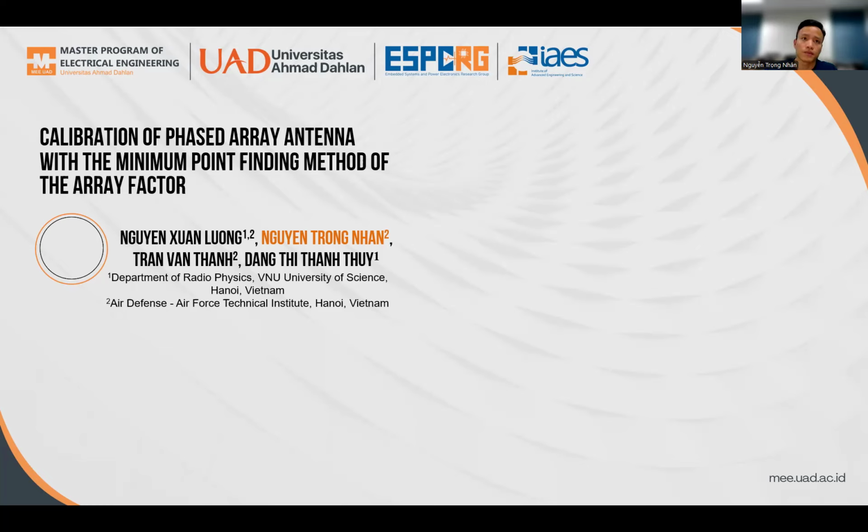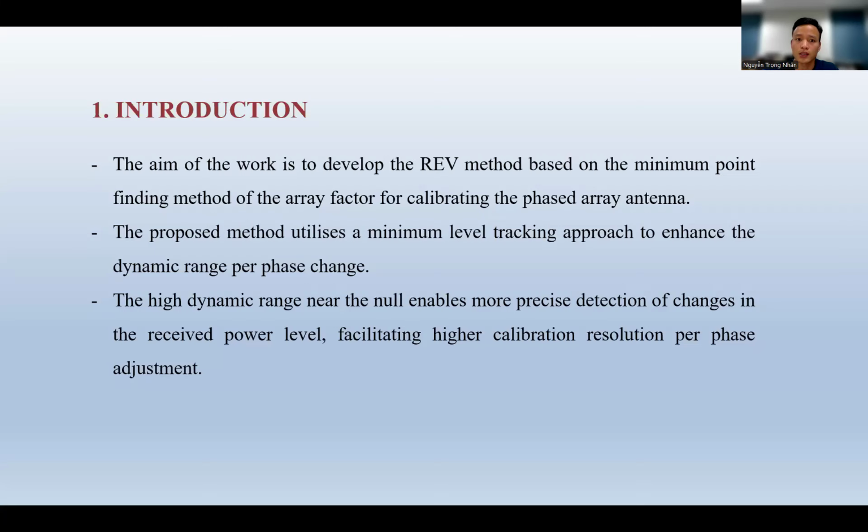This problem is solved using various calibration methods such as calibration lines, peripheral fixed probes, geo-coupling, and rotating element electric field vectors.